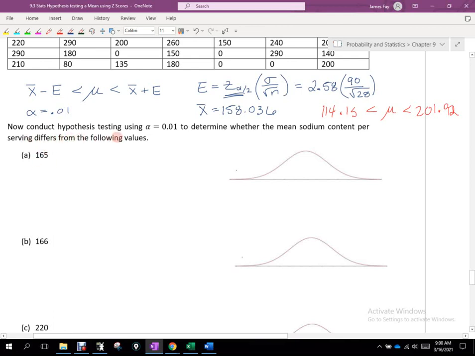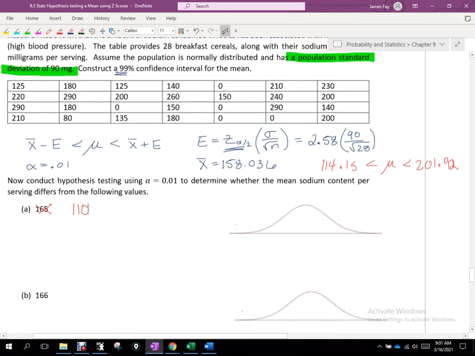It says, now conduct hypothesis testing using our significance level of 1% to determine whether the mean sodium content per serving differs from the following values. So instead of 165, let's go ahead and use 110.